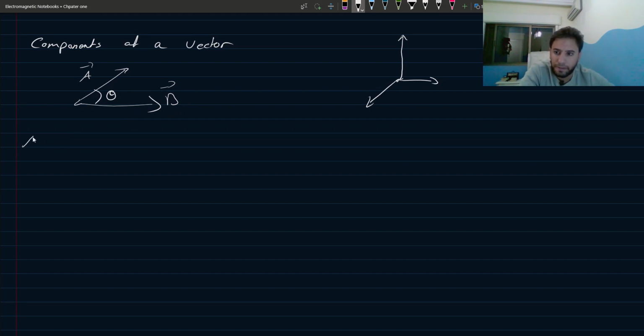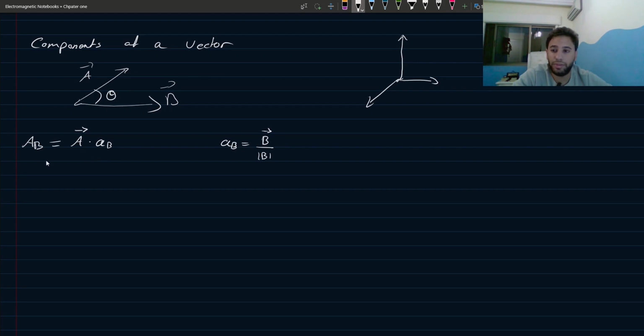You say, well, the component of A in the B direction is equal to vector A dot unit vector AB.